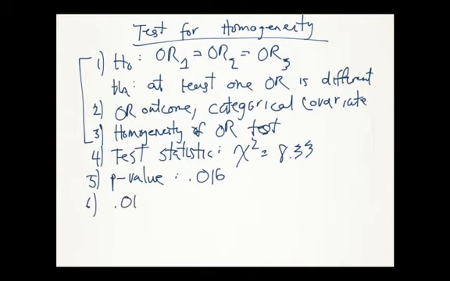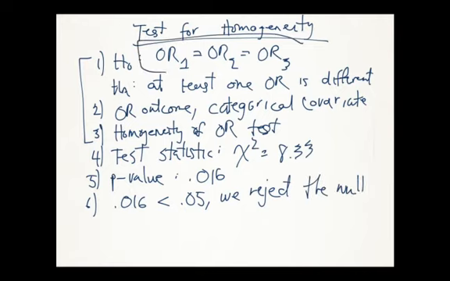Since 0.016 is less than 0.05, we reject the null. Okay, we reject the null that the odds ratios are the same. Remember, that makes sense based on what we saw. Remember, site 2 looked like it went in the opposite direction.